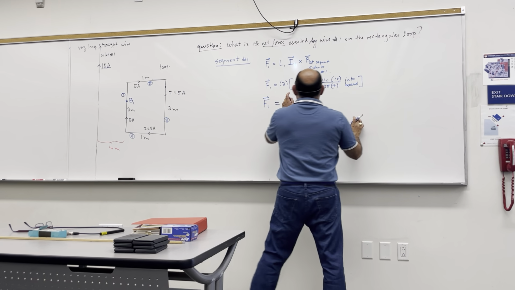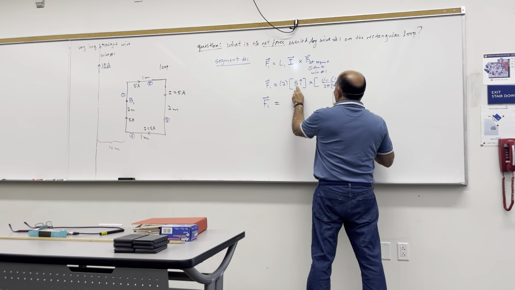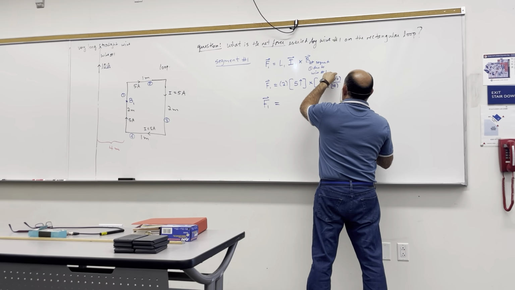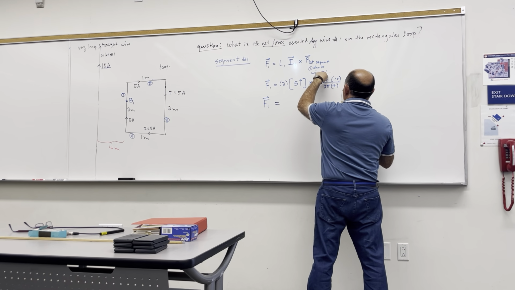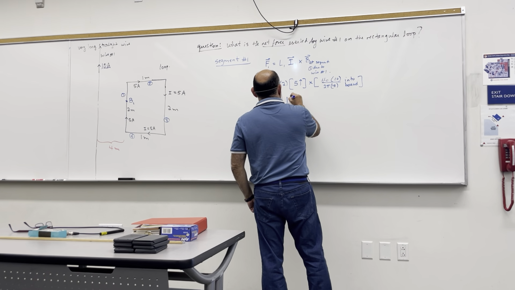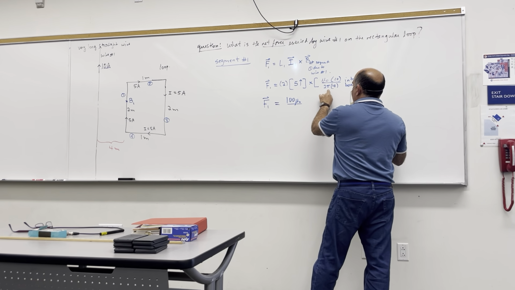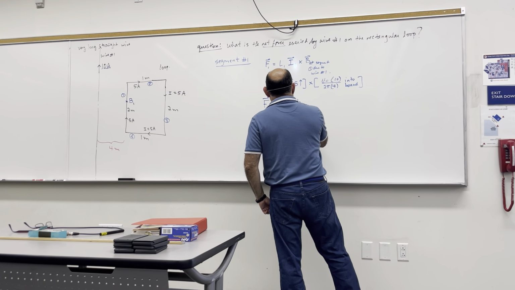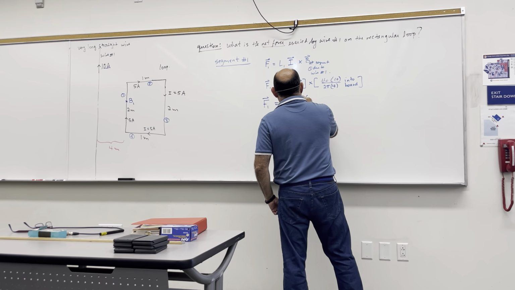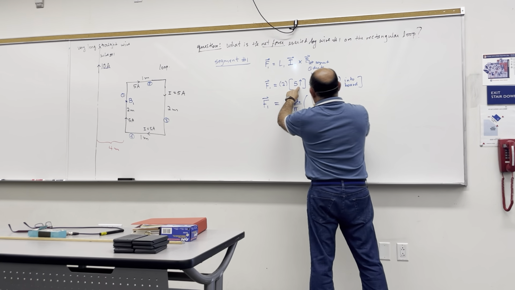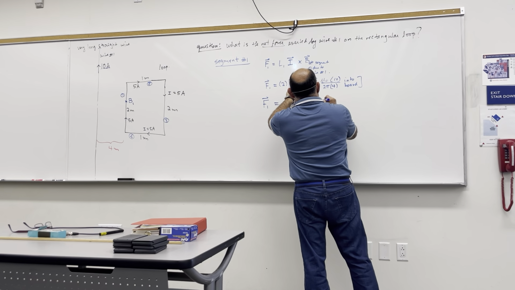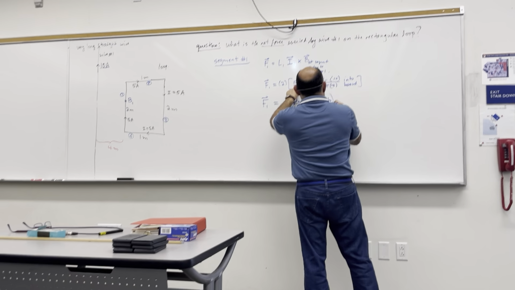So now, 2 times 5 is 10, times 10 is 100. It would be 100 mu naught divided by 8 pi. Now, in which direction? In the direction of up, cross, into.